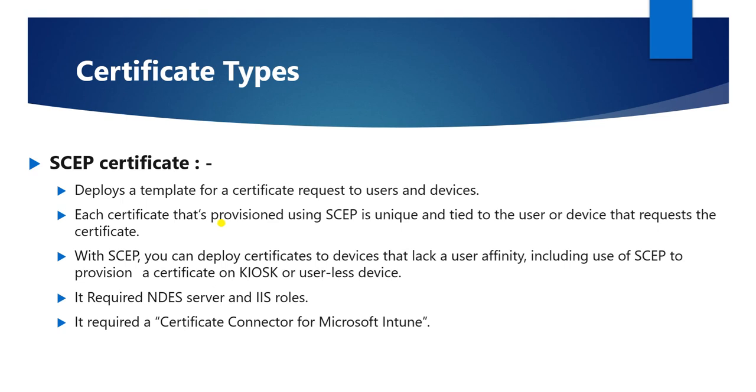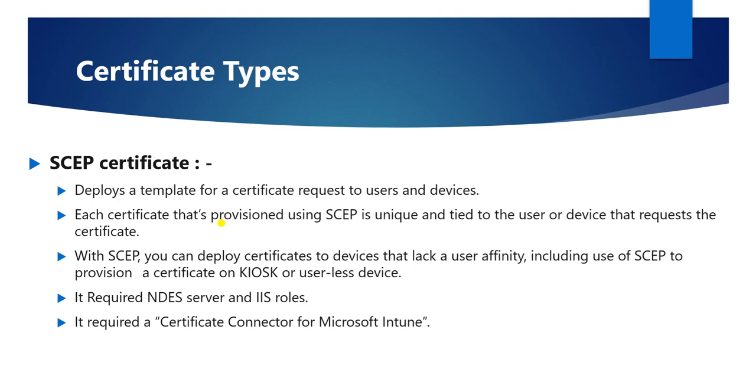So now here is something we need to understand: why it requires the certificate. When my device is in Intune and the device is part of the cloud, it's nowhere connected with your on-premises infrastructure. So it's not having any rights to connect to our on-prem infra.